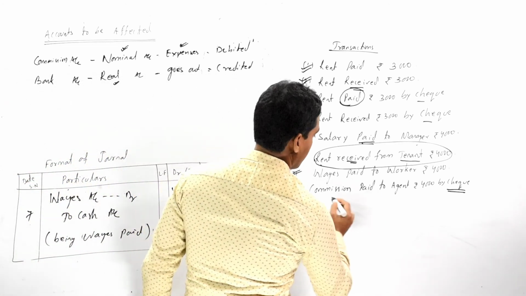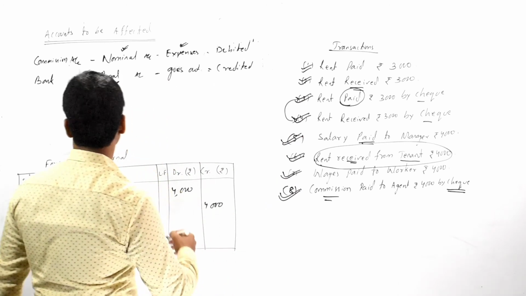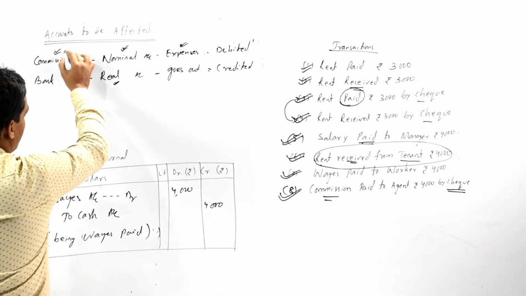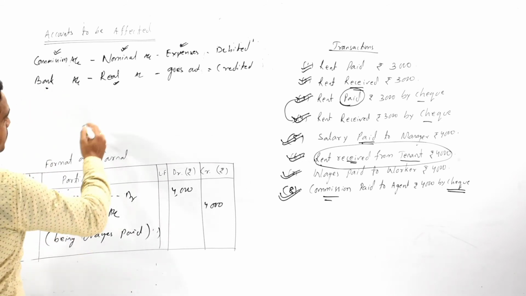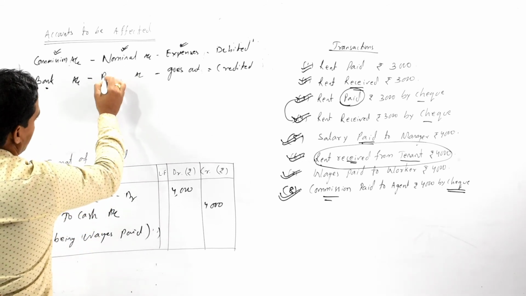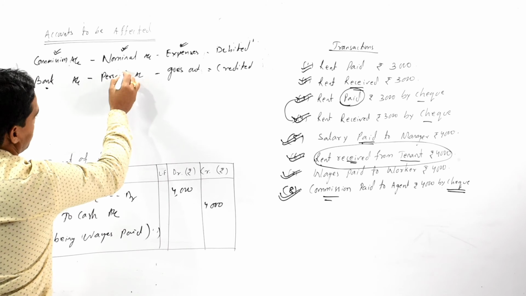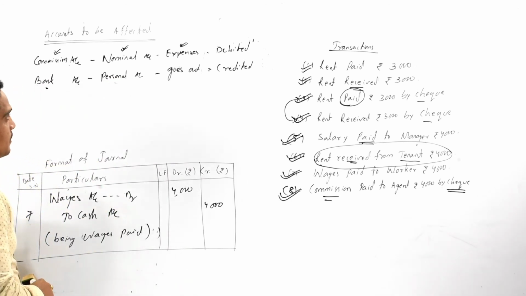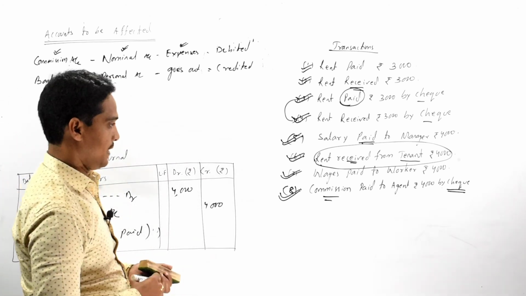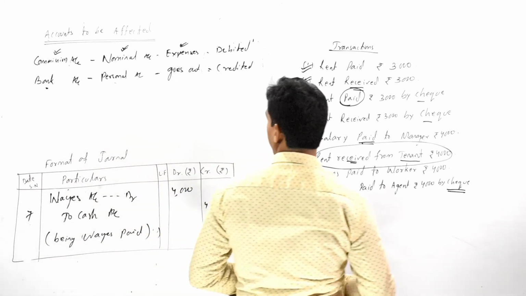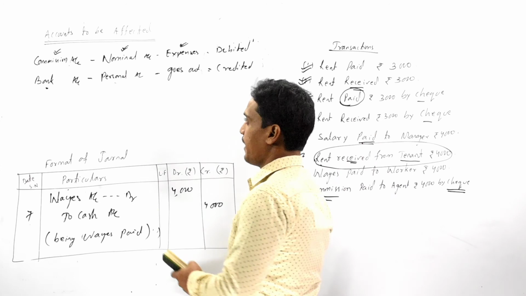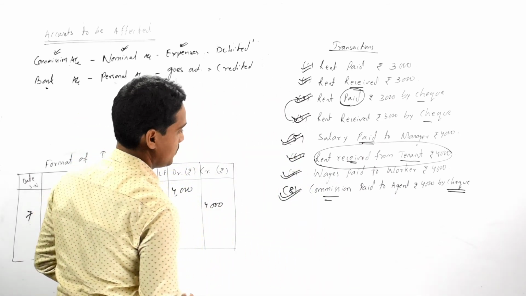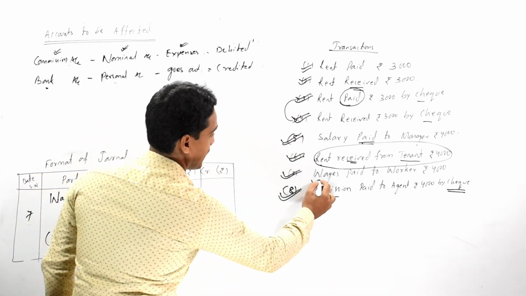Commission account belongs to our nominal account category, and bank account belongs to our personal account category. So we should identify what is the nature of our commission account and bank account in the given transaction.